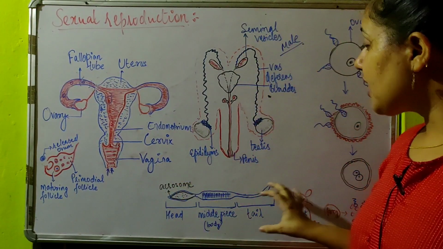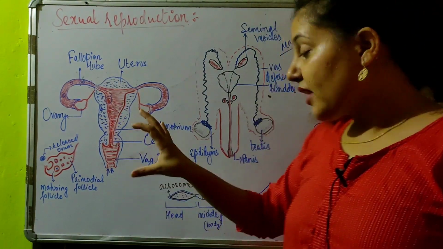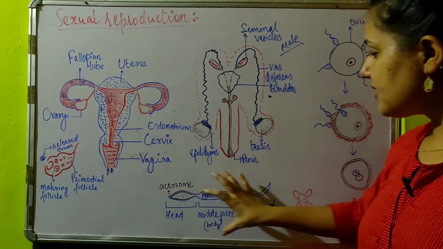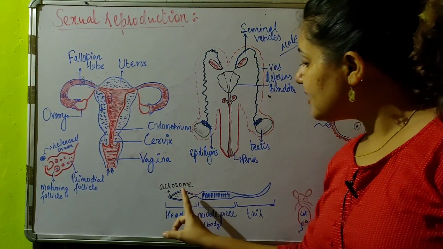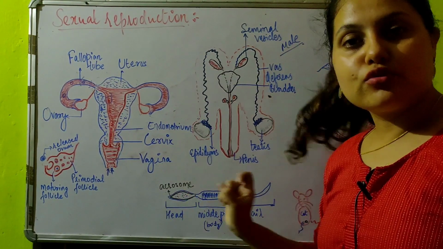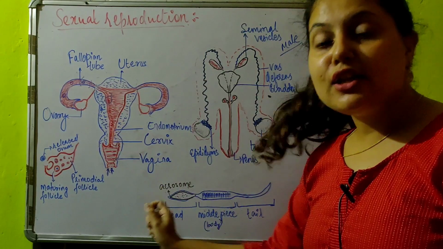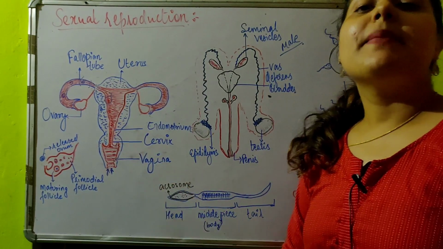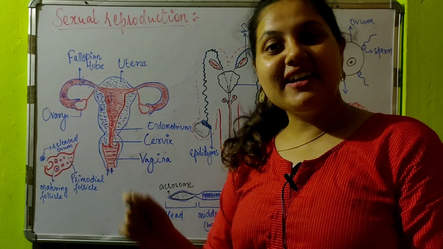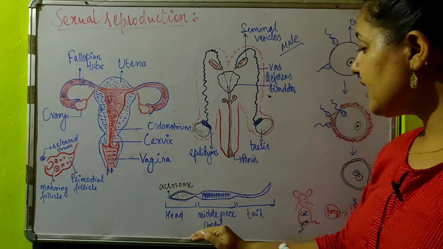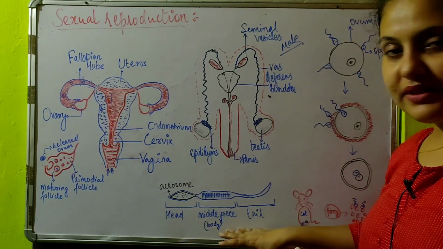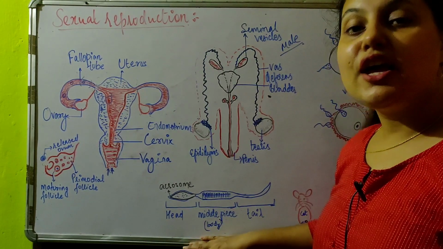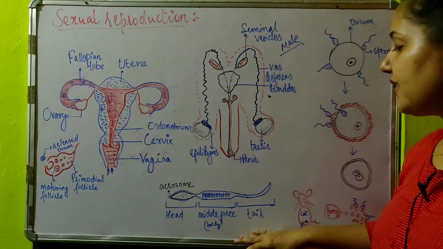Now you come to the sperm. How is the sperm? See, this is the structure of a sperm. There is a head, and the head is covered by an acrosome. It secretes a chemical which helps the sperm to penetrate inside the egg. Then there is a middle piece, also known as the body, and there is a tail.